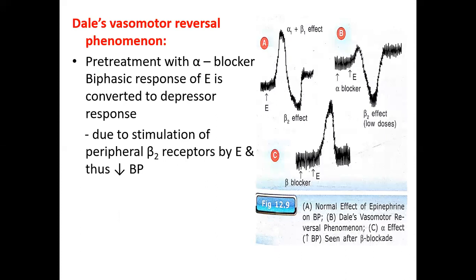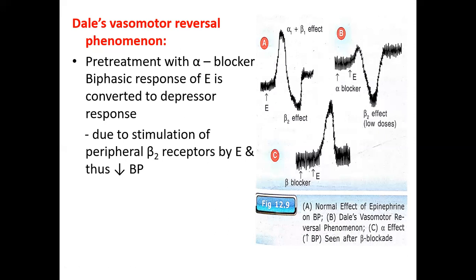Let's see the picture here. Epinephrine is given, and it mainly acts on alpha 1 and beta 1. As you can see here, there is an increase in blood pressure, mainly systolic blood pressure.